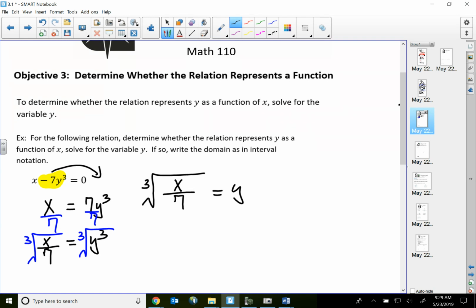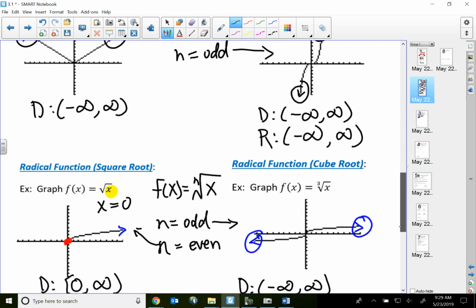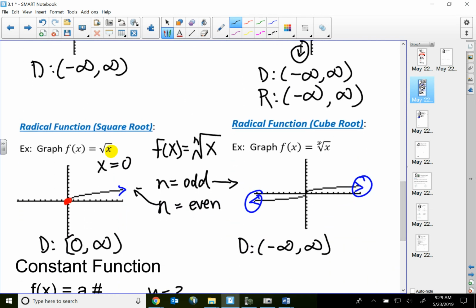So is this a function or not a function? Or what type of function is it? If we go back to the second objective here, this is a cube root function. This is actually the cube root of x, except now I have a 7 in the denominator.